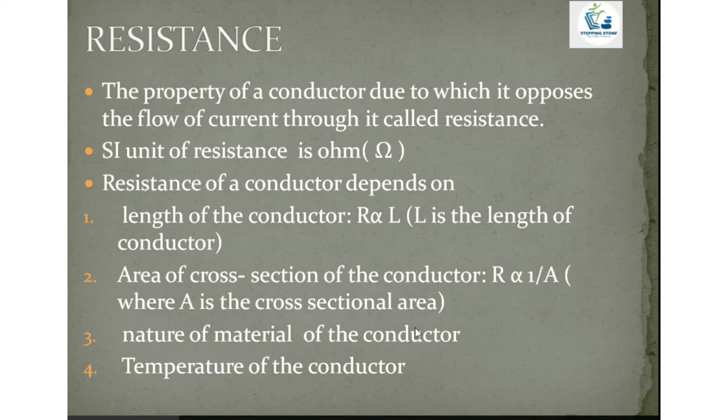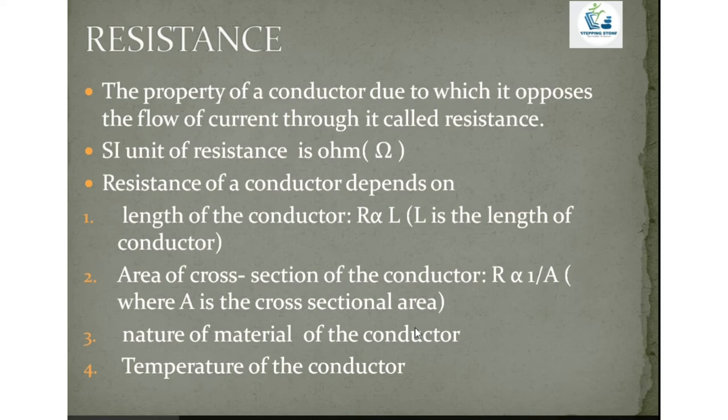inversely proportional to the cross-sectional area of the conductor. Therefore, when the area of cross-section of a wire is doubled, its resistance gets halved, and if the area of cross-section of the wire is halved, then its resistance will get doubled. Also, a thick wire has a greater area of cross-section, hence there will be less resistance.